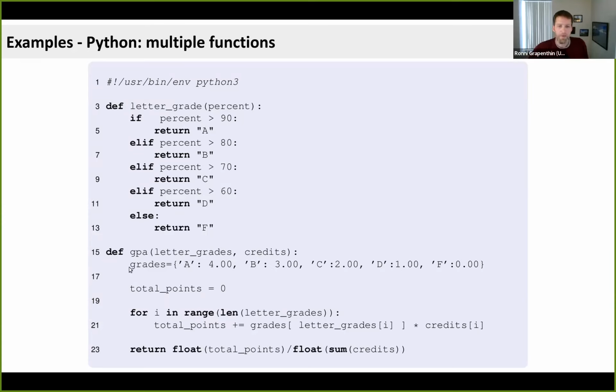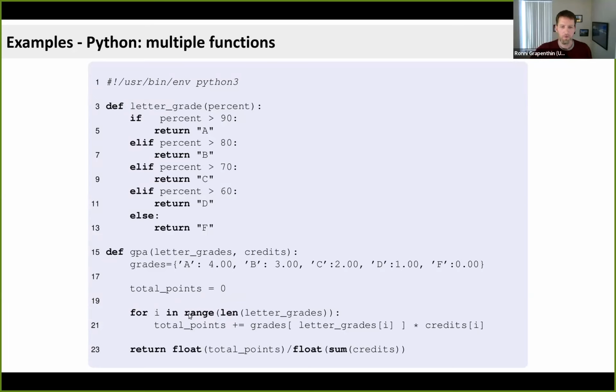And internally, it maps grades, A to 4, B to 3, etc. So these are values. And then you can create a variable total points, set that to 0, and iterate, right? Iterate, that's going back to for loops over the letter grades.